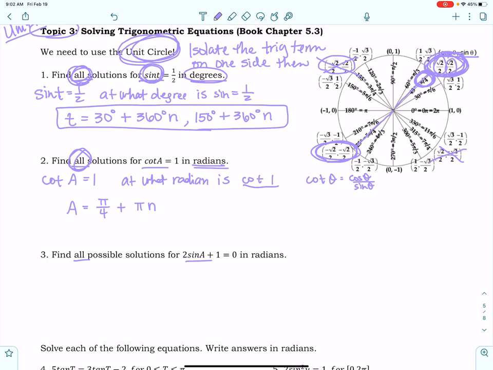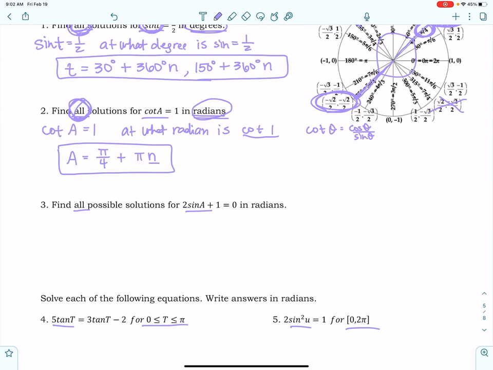I'm writing it as pi over 4 because I was asked for the solution in radians. Since I want all the solutions, I have to account for all the rotations. If I rotate pi, which is 180 degrees, half the circle, then I get to the other value, which is 5 pi over 4. And then when I rotate again, I get back there. So I only have to consider one of these, and it doesn't really matter which one you write. But remember, n is an integer, and that accounts for all the positive and negative rotations of pi to get my answer.